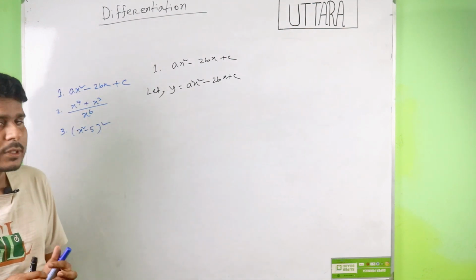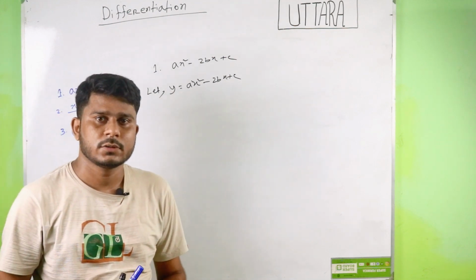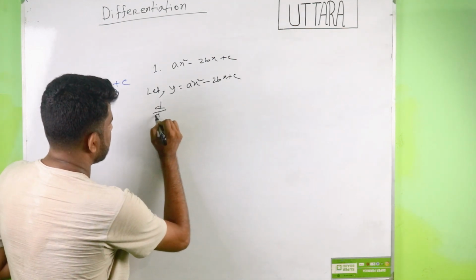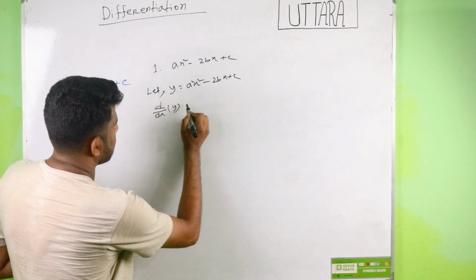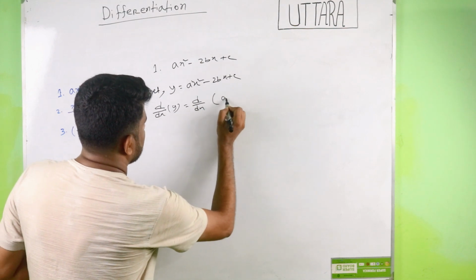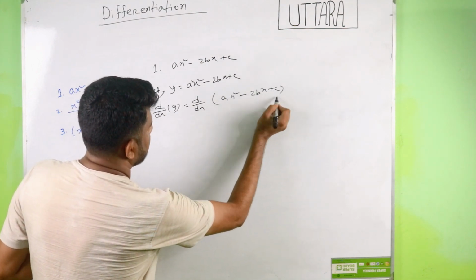Now we are going to differentiate this with respect to x. So d by dx of x square minus 2bx plus c.